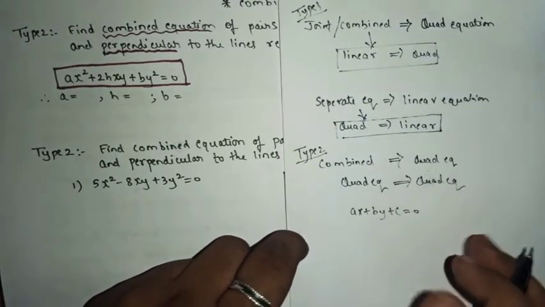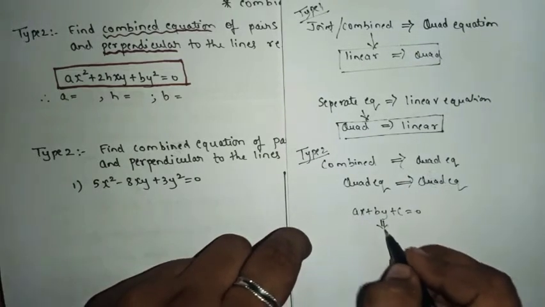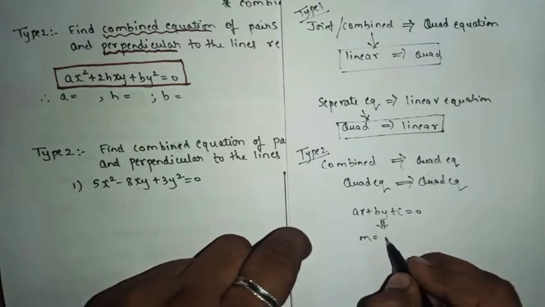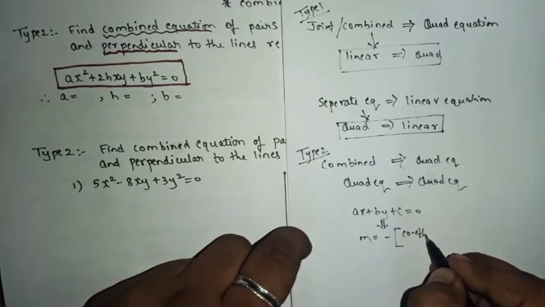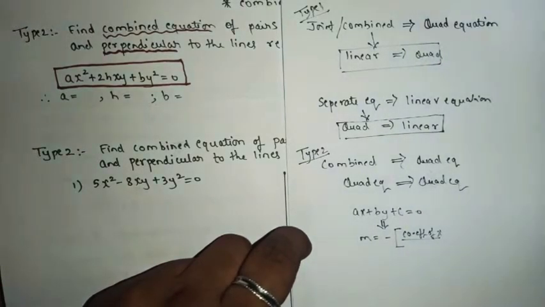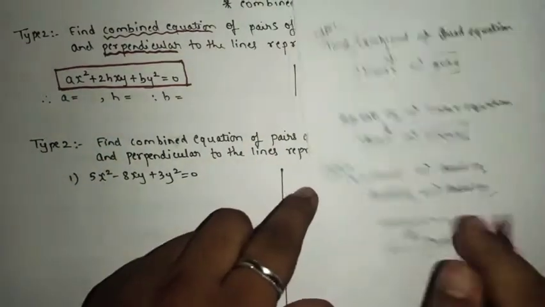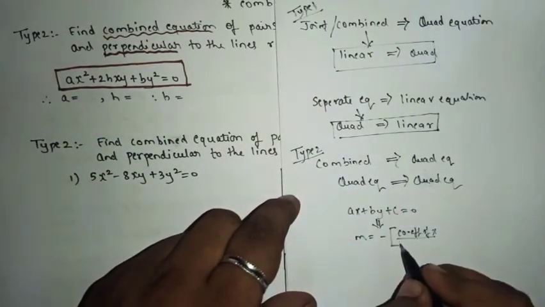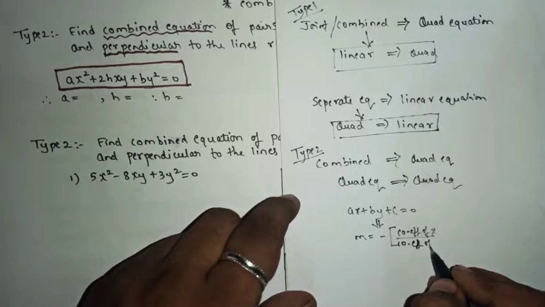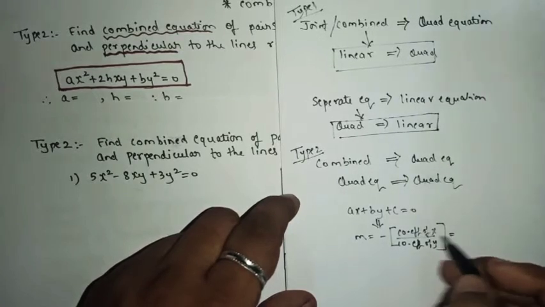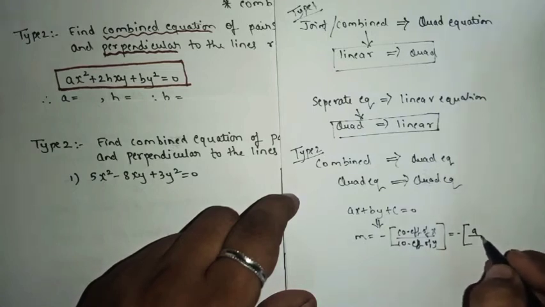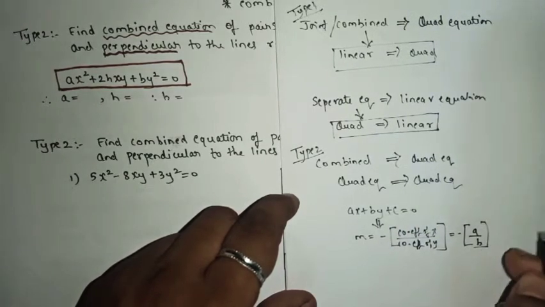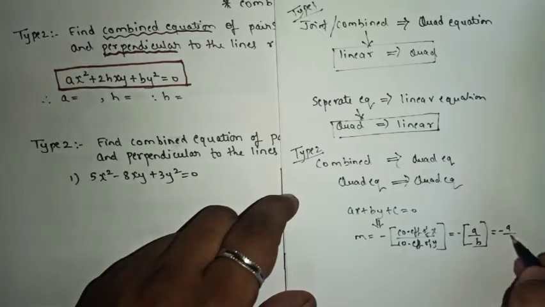As we know that whenever the word perpendicular comes, the first step is to find the slope by using minus coefficient of x upon coefficient of y. What is the coefficient of x? It is a. And y is what? b. So here we got the answer, that is minus a by b.